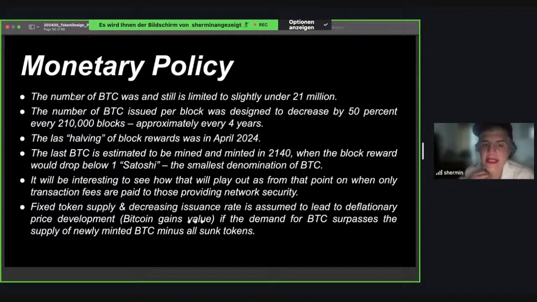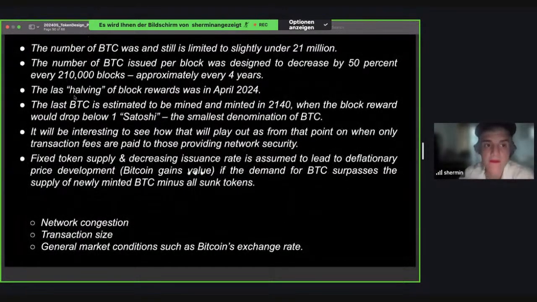The decreasing issuance rate is assumed to lead to a deflationary price development if Bitcoin gains value, and if the demand for Bitcoin surpasses the supply of newly minted Bitcoins minus Bitcoins sunk that cannot be exchanged anymore.